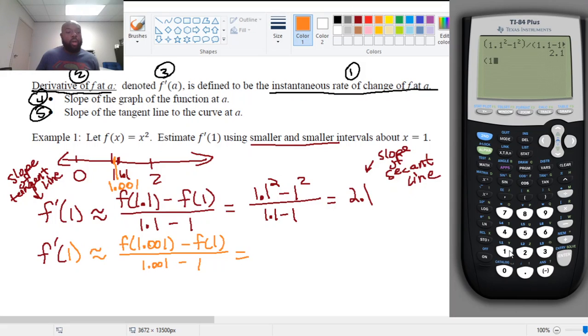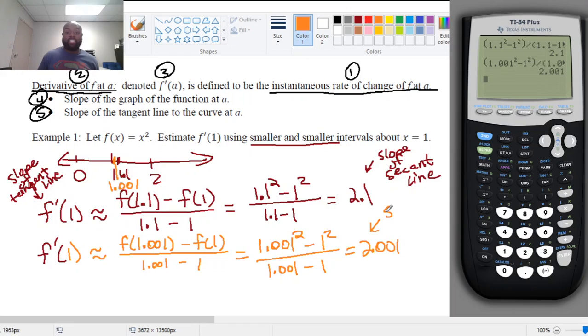So I have 1.001 squared minus 1 squared, and I'm going to divide that by 1.001 minus 1. Press enter. And I'm getting 2.001. You should notice something happening here, right? So we have 1.001 squared minus 1 squared, all over 1.001 minus 1, and we got 2.001, right?